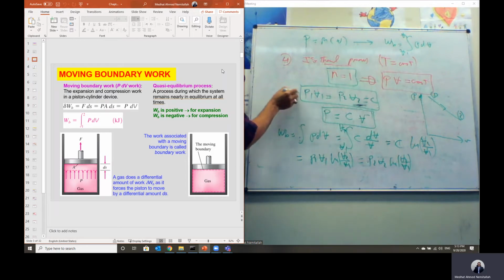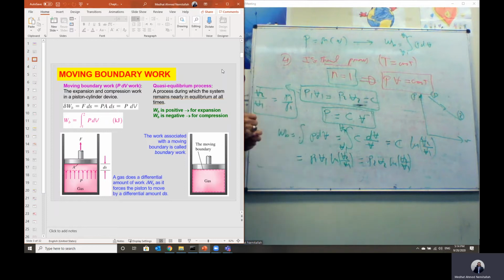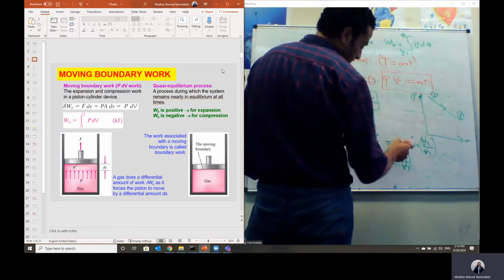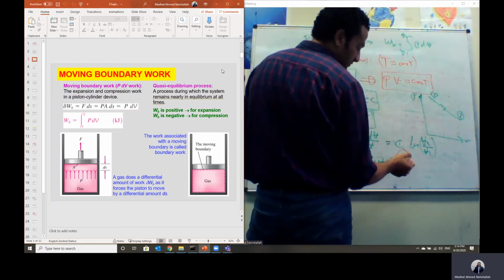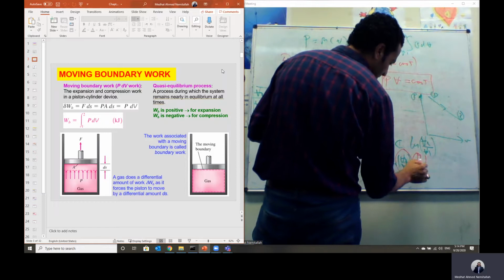But V2 over V1, from this relationship, will equal what? P1 divided by P2. So in this relation, we can replace V2 over V1 in the ln with P1 over P2.